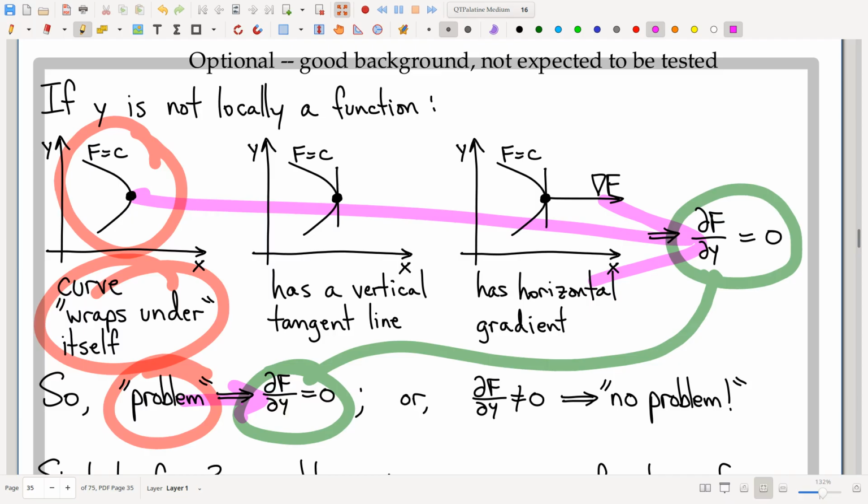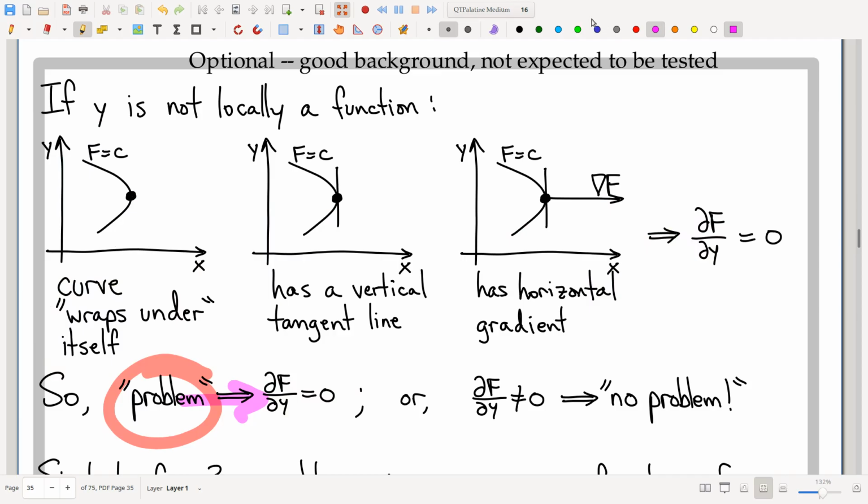And then that statement, we're going to turn that around, upside down and backwards, you might think of it. So this is the contrapositive. The contrapositive is that if the y partial is not 0, then there can't have been any sort of problem that would require that partial to be 0.